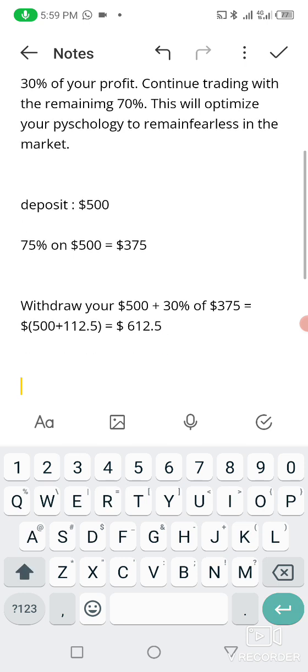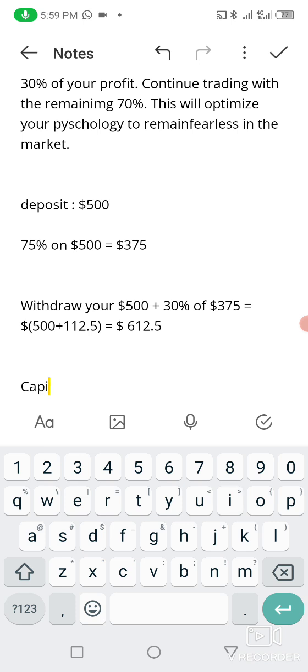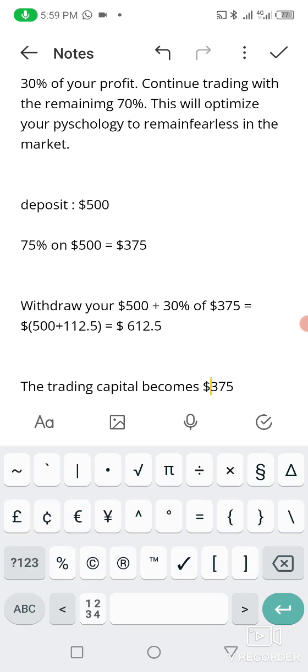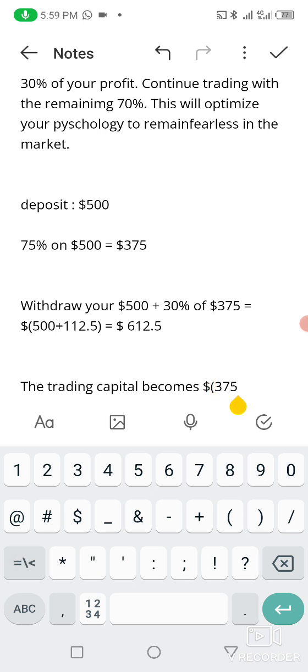So you can see that our trading capital now becomes, it's just simple, the difference between the total profit and the deducted profit.